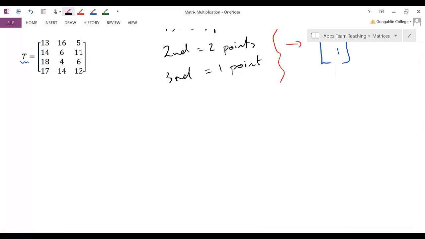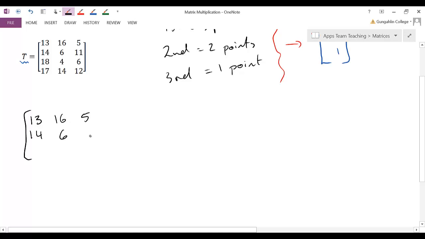So I'm going to take this matrix T, which is quite a big, complicated one, and I haven't made it big enough, so I'll redo those brackets.